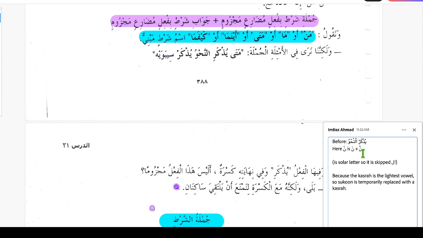The first noun starts with a sukoon, and the second noun has a sukoon. When you put sukoon on the ra and a sukoon on the first noun, you can't connect these two words. So because the kasra is the lightest of the vowels, fatha, damma, kasra, the sukoon is temporarily replaced with kasra. Otherwise this is majzoom.